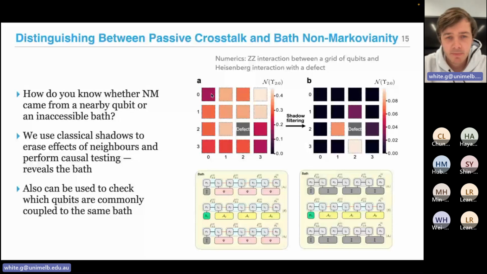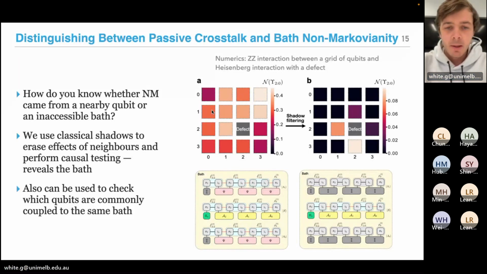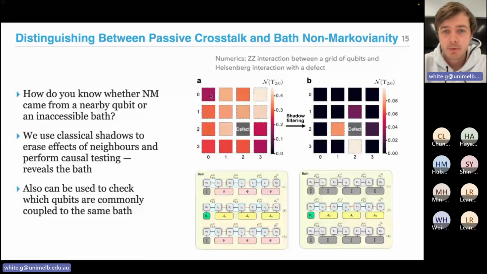Now, if I performed process tensor tomography, so if I characterized the temporal correlations on any qubit over a couple of time steps, then I would see that they're all non-Markovian, because each neighboring qubit is coherent and we've got crosstalk between the different qubits.